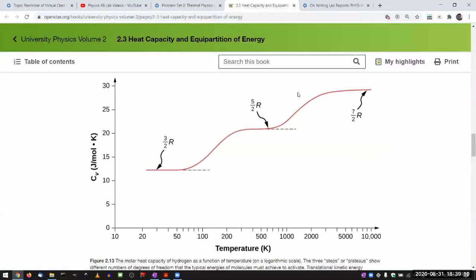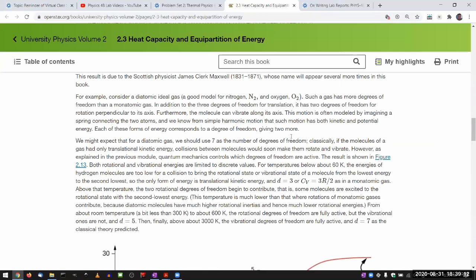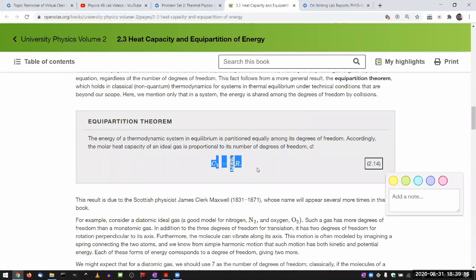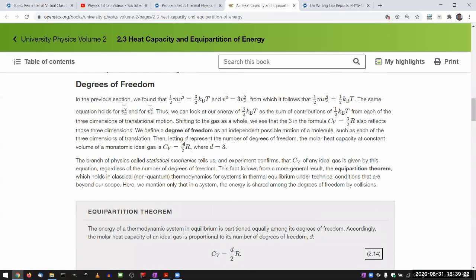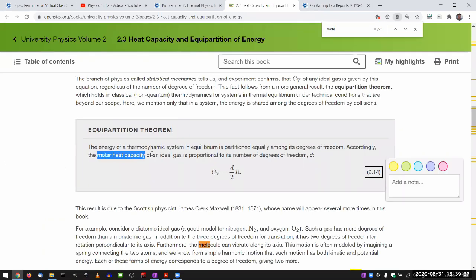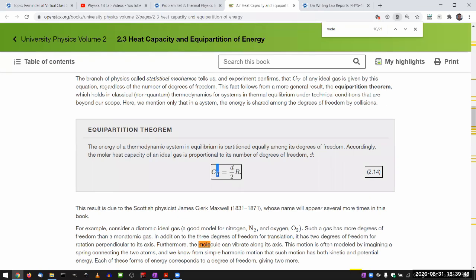The equation in your textbook is telling you that this is the specific heat capacity per mole, the molar heat capacity. What that means is this is the heat capacity per mole of ideal gas when the process is under constant volume.